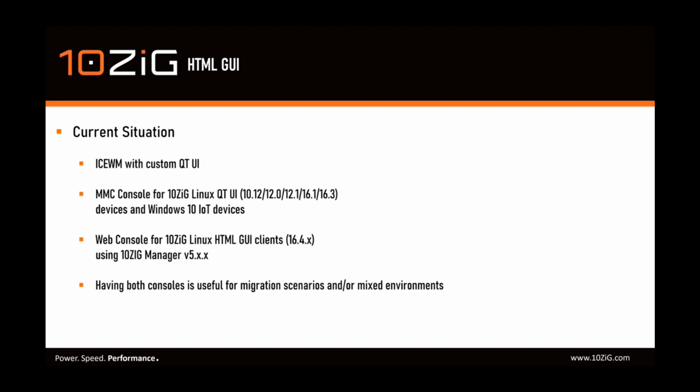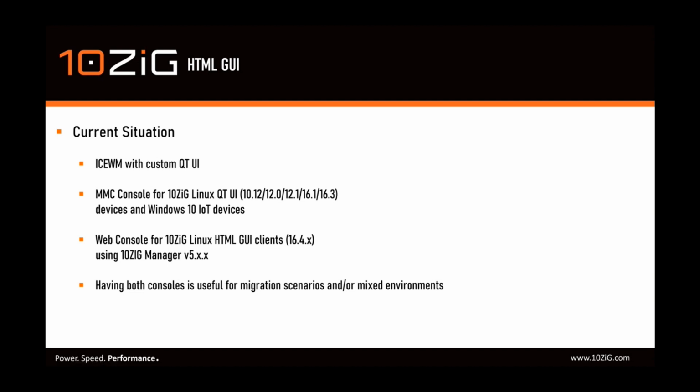But at any rate, if you're running an environment where you have some of the older ones here at the top that say the MMC console, you'll still continue to use the MMC console to manage those units and specifically to edit the configuration. But we're transitioning to where the web console is going to be our main console, and you'll use that to interact with the HTML GUI, which sort of makes sense, doesn't it?